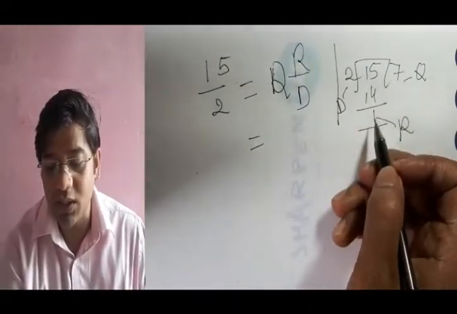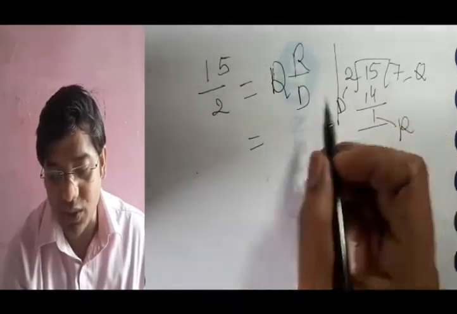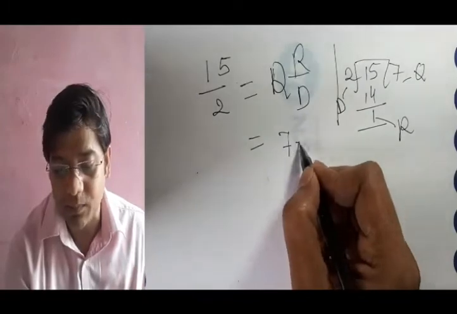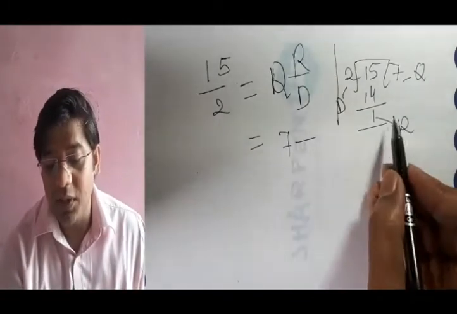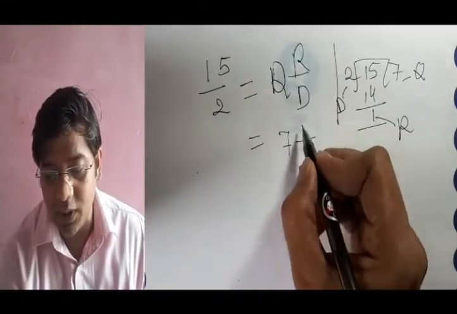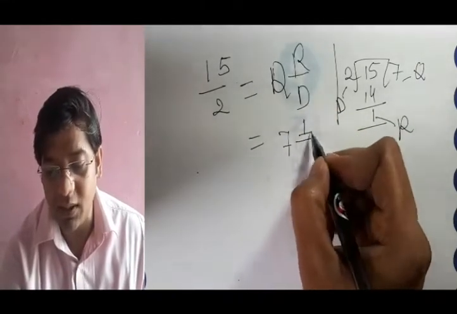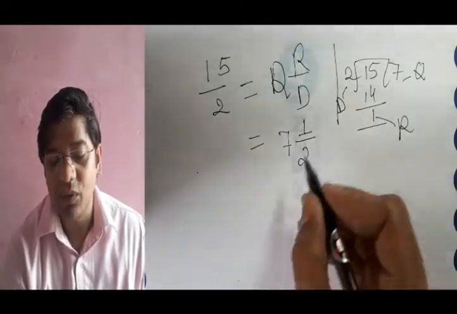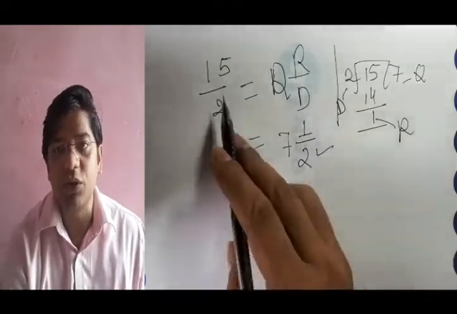What is my quotient? 7 is my quotient, so I will write 7 here. Then I will make a line here. Then remainder 1 is written in the numerator, and the divisor 2 is written in the denominator. So that's how we convert an improper fraction into a mixed fraction.